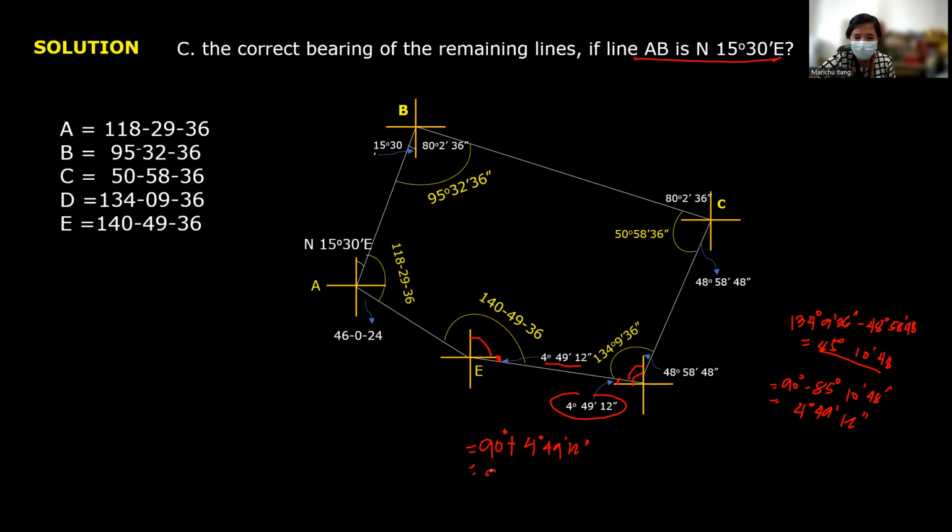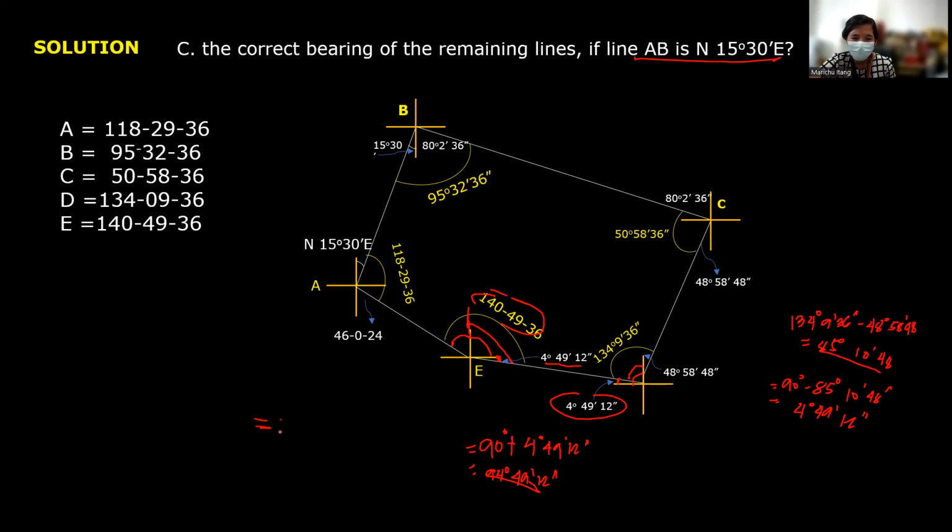So that is equivalent to 94 degrees, 49 minutes and 12 seconds. So our angle here up to here is 94. So if we subtract 94 from our angle 140, the remaining is this angle here. So it should be 46, 0, 24. If it's not, then you got the wrong answer or the wrong solution.